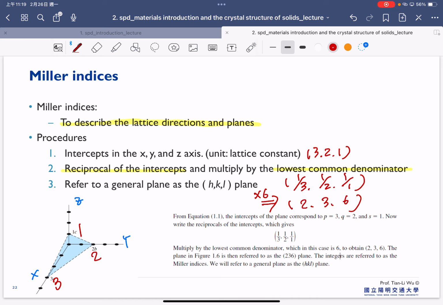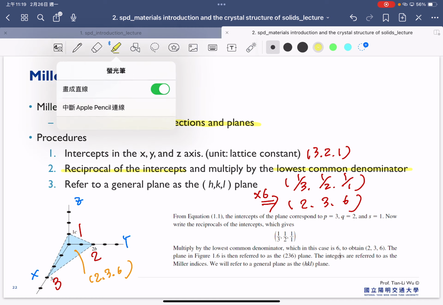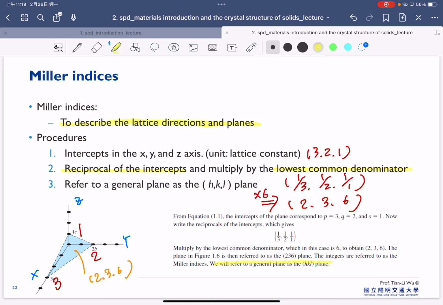That means the plane referred to here is 2, 3, 6. So the plane has its own unique name, and this is how we calculate the Miller index. We will use this to refer to the plane shown here.